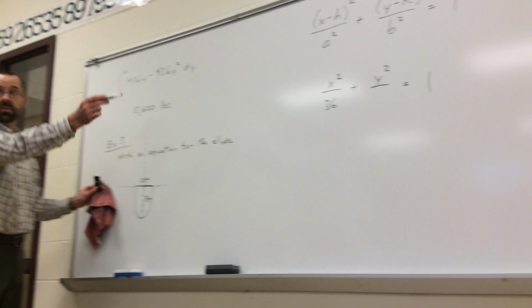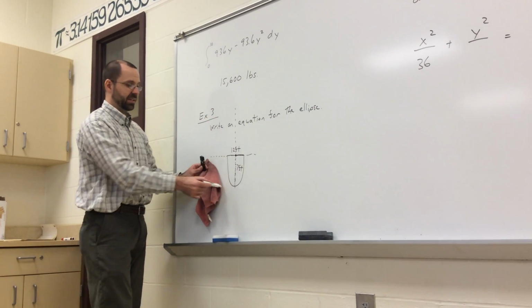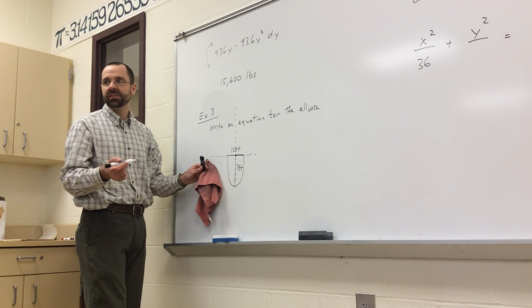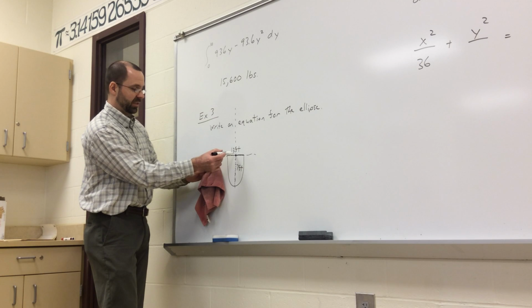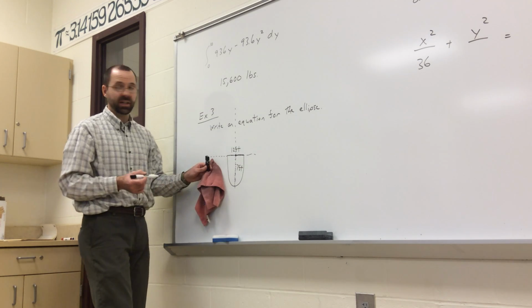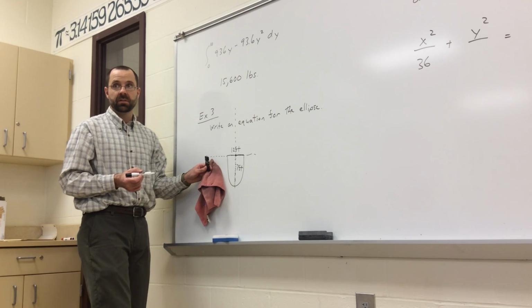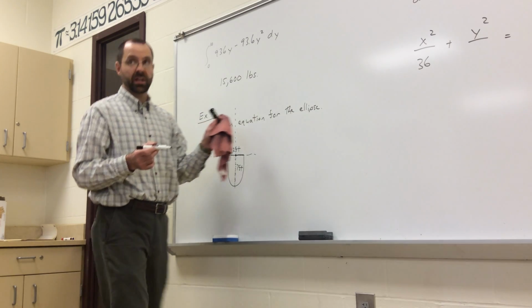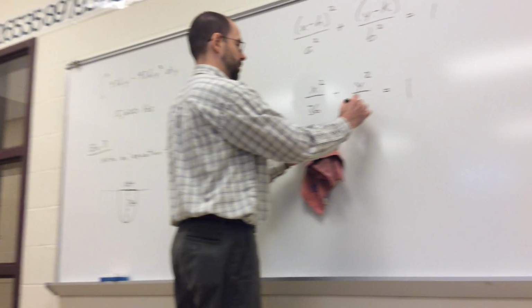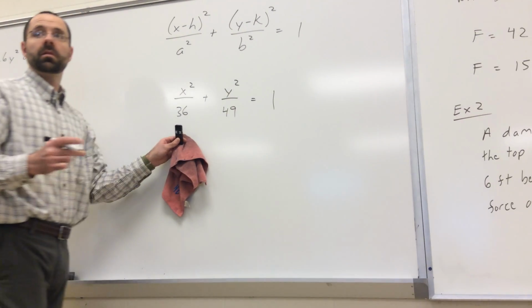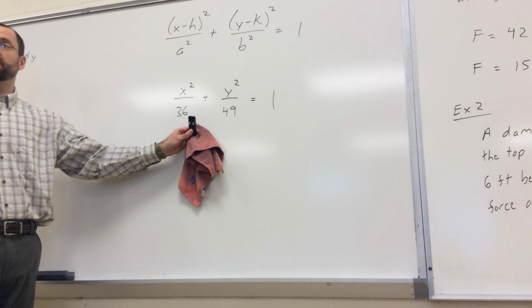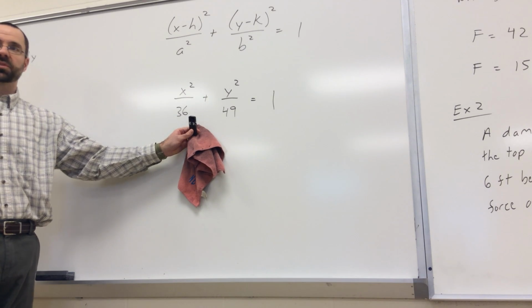And then the B represents the radius in the y direction. So what's the radius in the y direction? 7. So that means it's going to be over 49. So this right here is the equation for this ellipse.